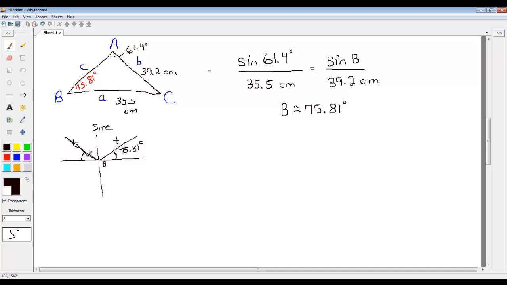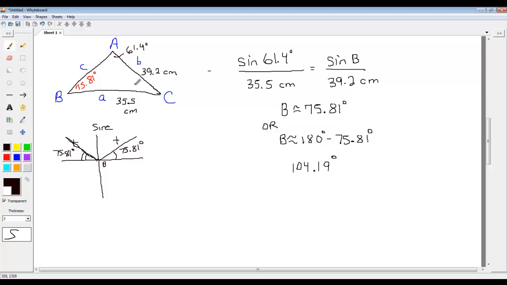The reference angle for that angle is 75.81 degrees, but if you subtract from 180, you'll get the other full angle that has that same sine, 104.19 degrees.